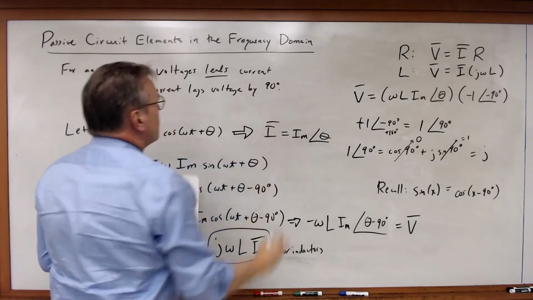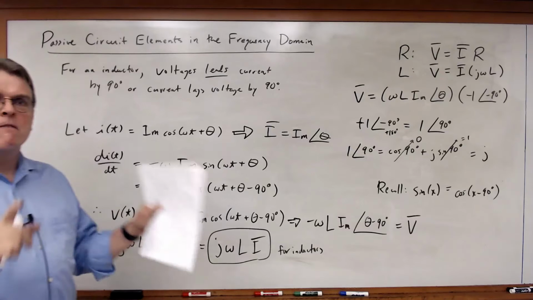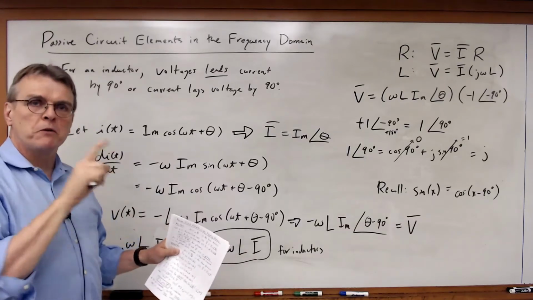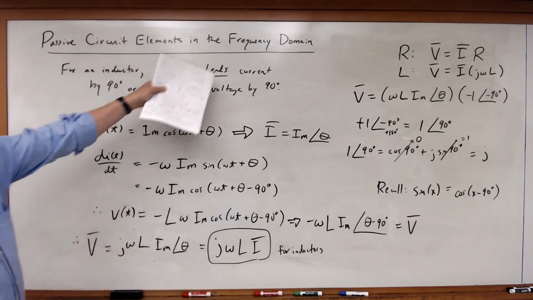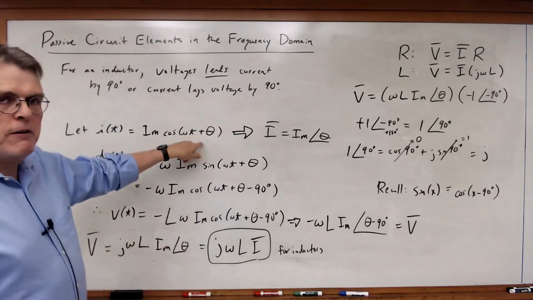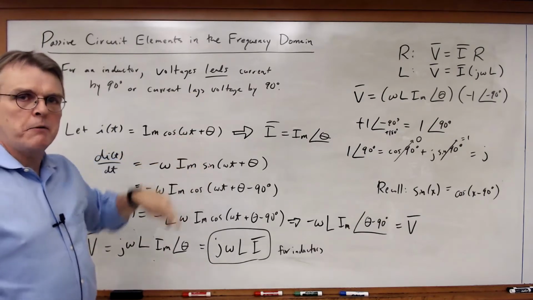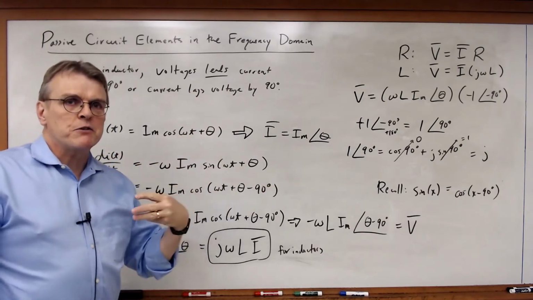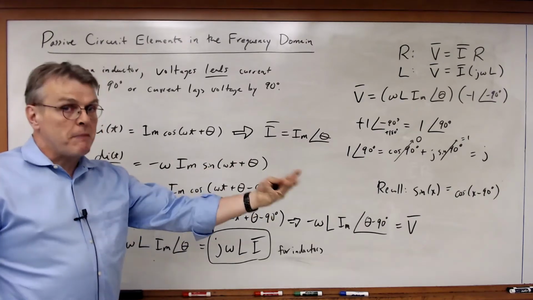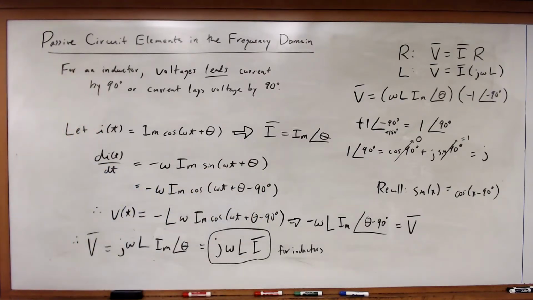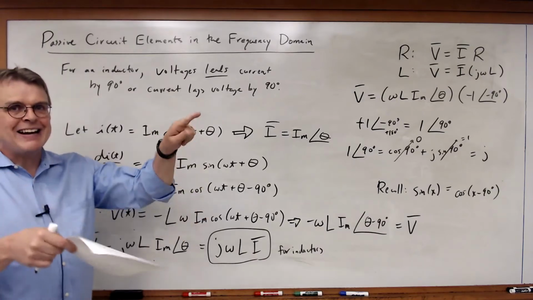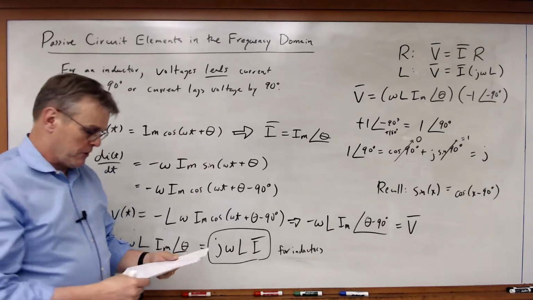So we've got a 90-degree phase shift between voltage and current. And this is strictly due to the fact we take that derivative and we convert the cosine to a sine when we take the derivative. That introduces the 90 degrees phase shift when we switch it back to being a cosine again. So they're always going to be 90 degrees out of phase with respect to each other.